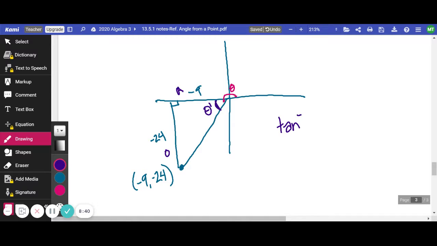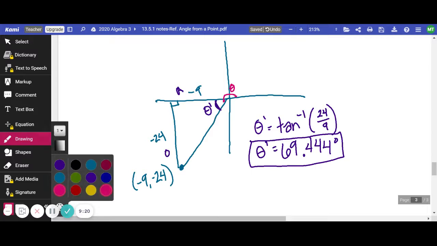So tangent inverse of 24 over 9. I'm doing it positive because I just want this acute triangle. I don't want to worry about the directions. That negative is the direction of it. We will deal with that later. So I do tangent inverse of 24 divided by 9, and I get 69.444 degrees.